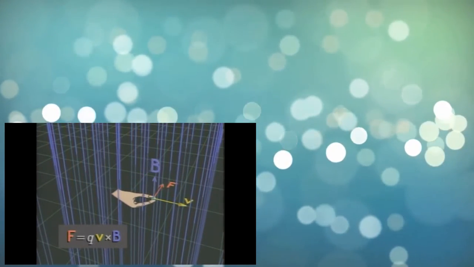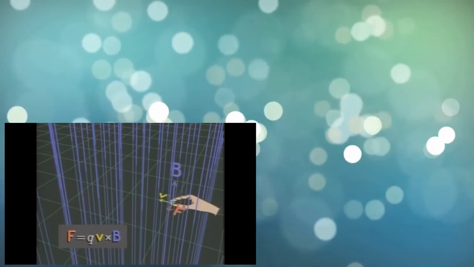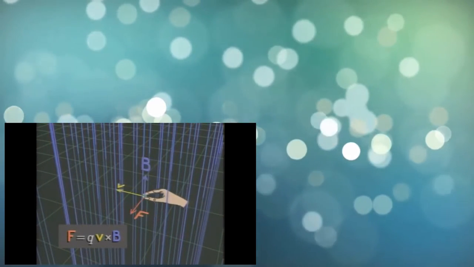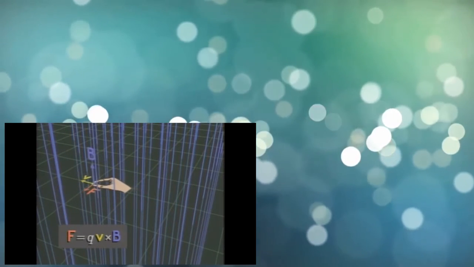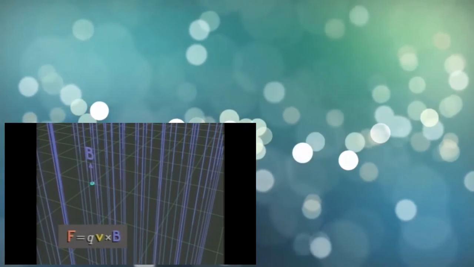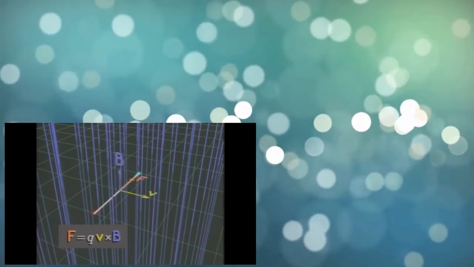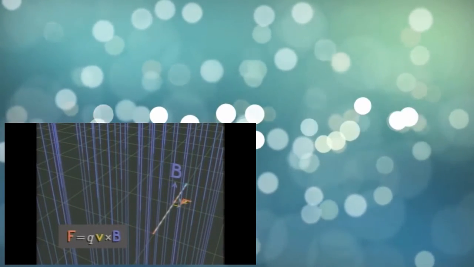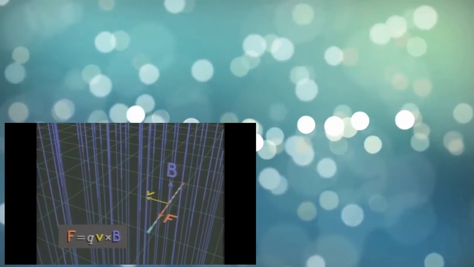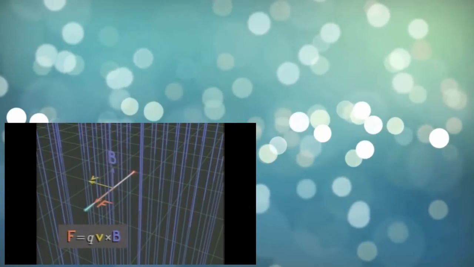The direction of the force is perpendicular to the velocity and the field, and depends on the sign of the charge, in this case, negative. For example, the charges might be electrons in a piece of wire. Just moving a wire through a magnetic field makes a current try to flow.